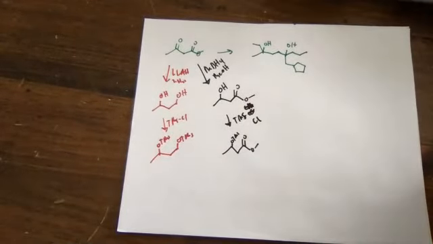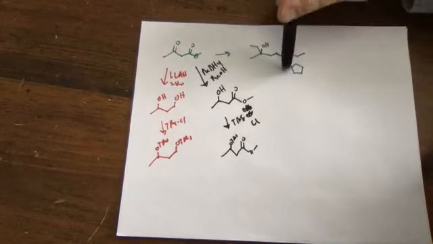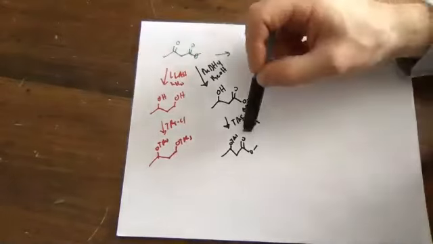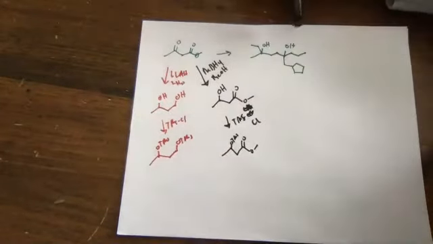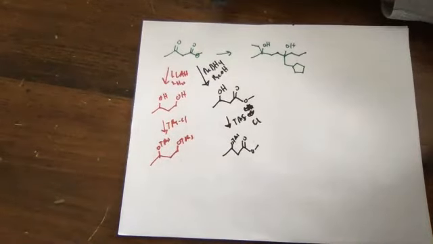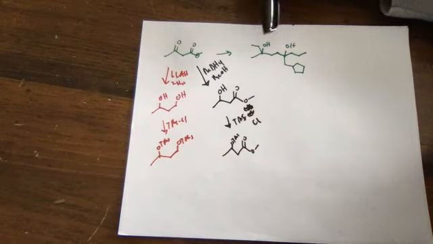So taking a look at our final product here, we have two different groups, which means we can't just throw in a Grignard here, because if we throw in propyl Grignard, it's going to add two propyl groups. So we're going to have to do a little trick where you reduce and oxidize again.